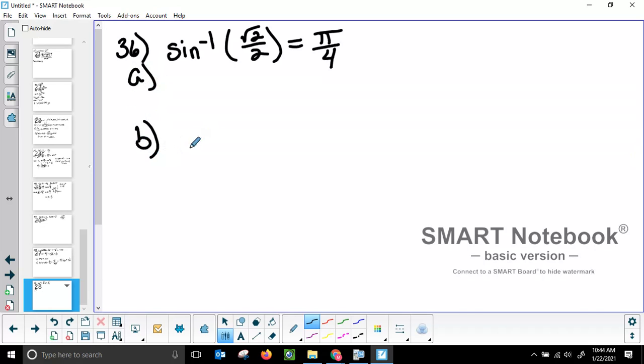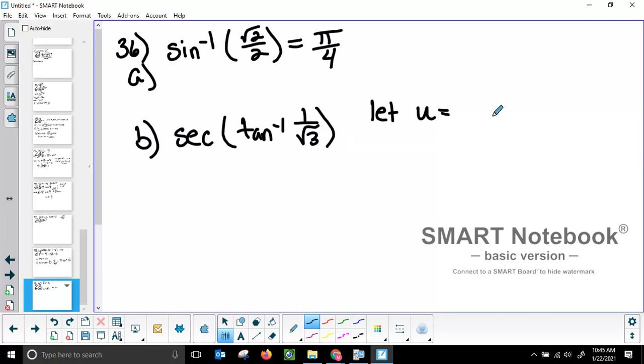B says, what is the secant of the inverse tangent of 1 over the square root of 3? Okay, well here, this is when we say, okay, let U equal the inside stuff.